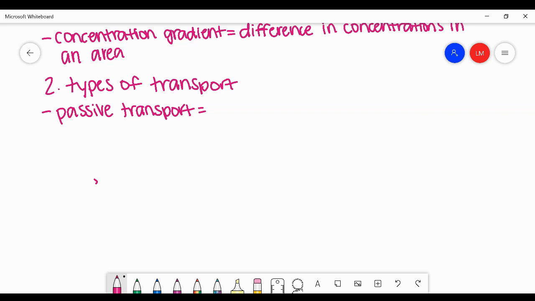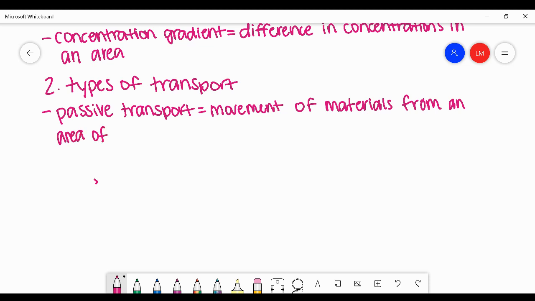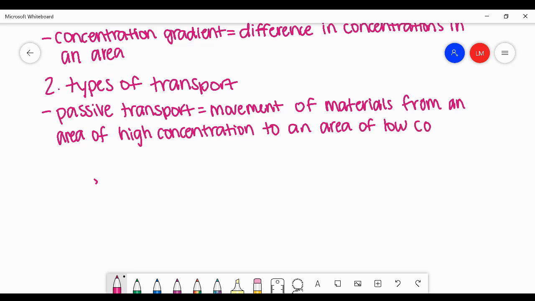Passive transport is the movement of materials from an area of high concentration to an area of low concentration. It's called passive because it requires no energy to do this.